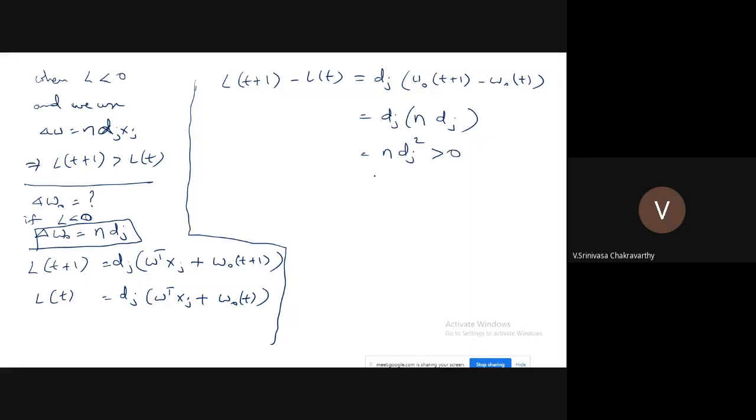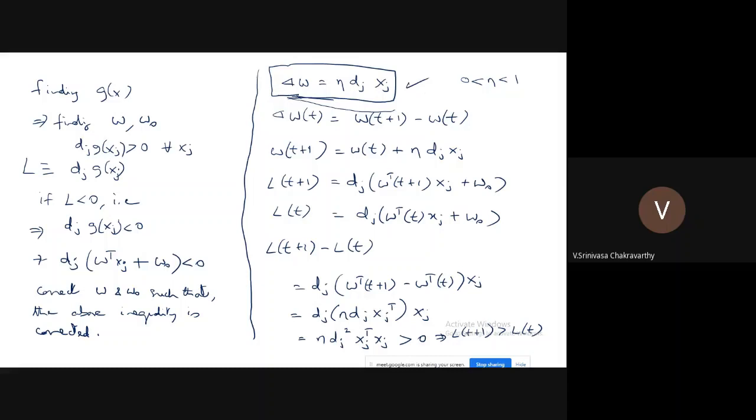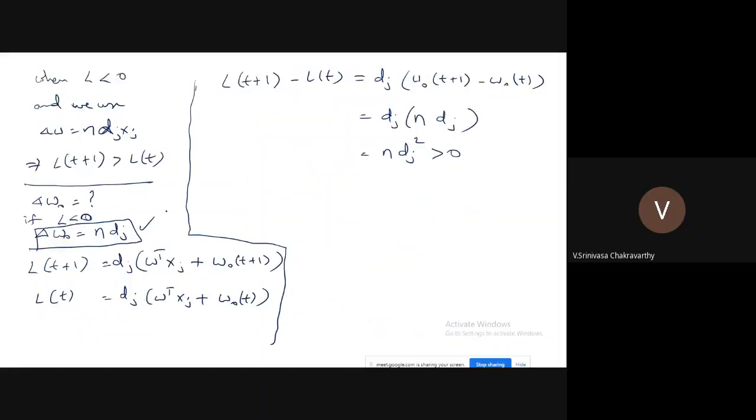So if you update W and W naught using this rule, that will tend to increase L. Obviously you have to do this update only when L is negative. When L is negative, if you apply this, it increases.